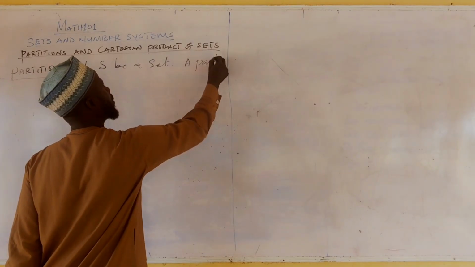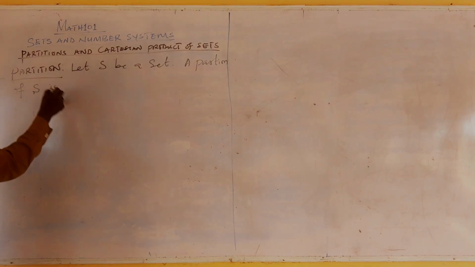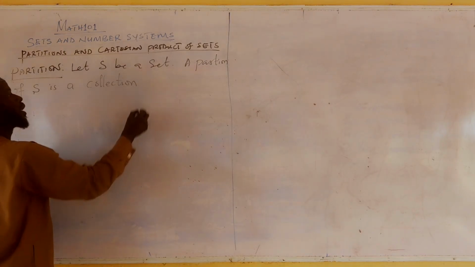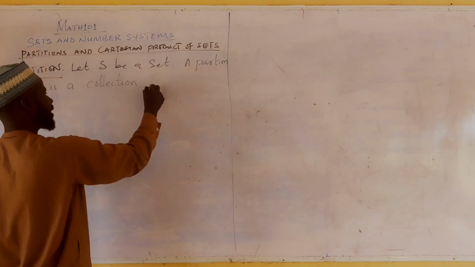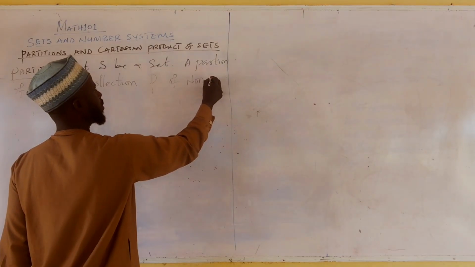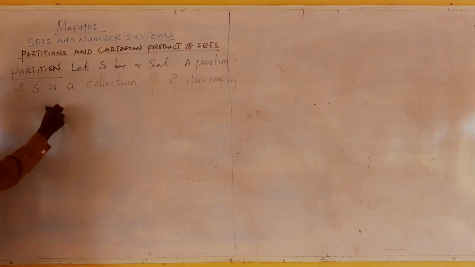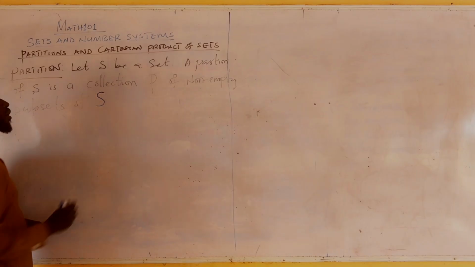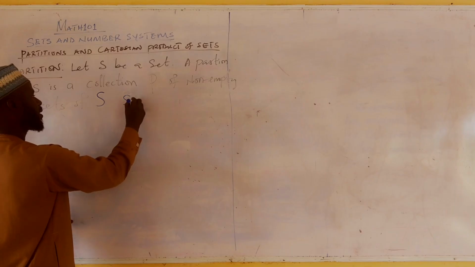A partition of the set S is a collection, let's write it as P, of non-empty subsets of S, satisfying the following.